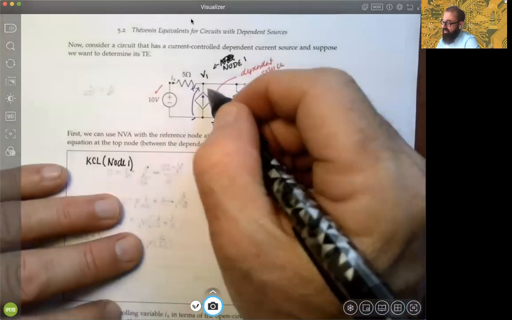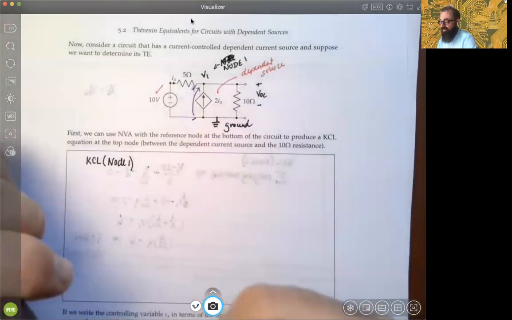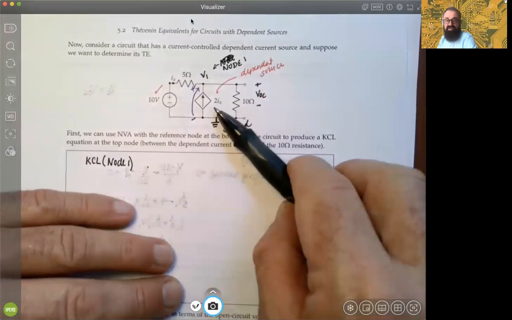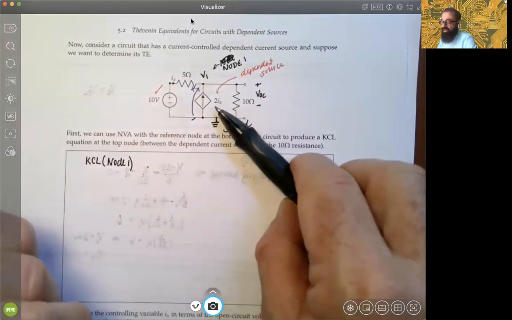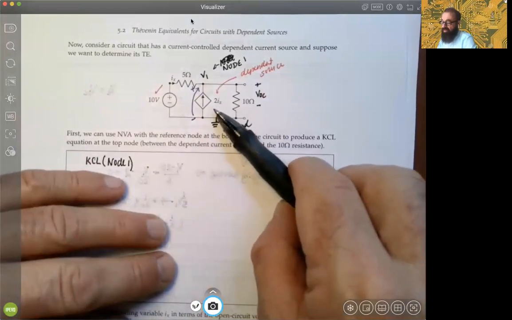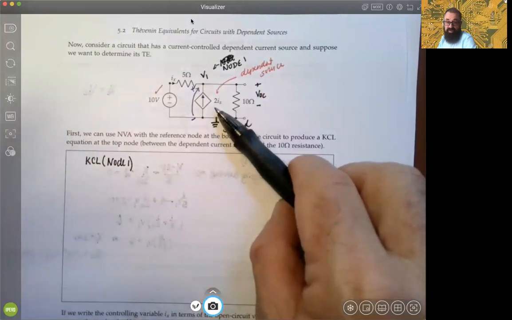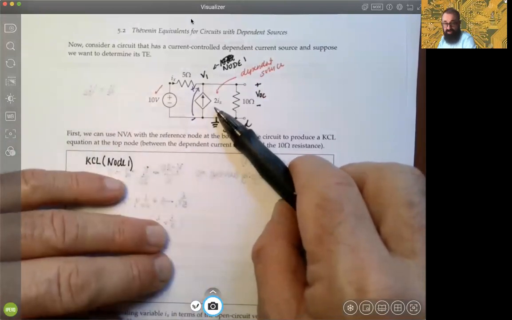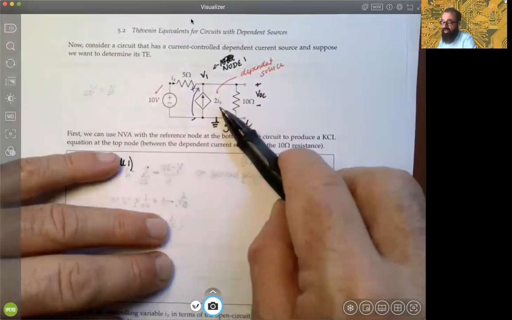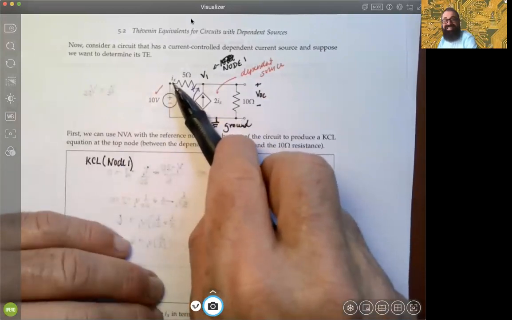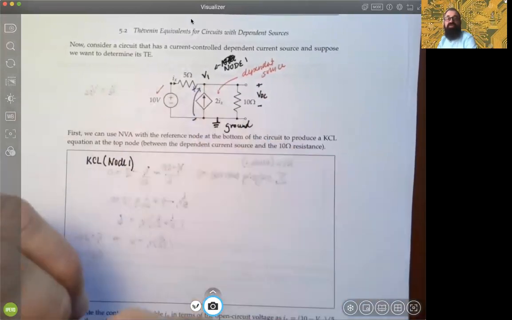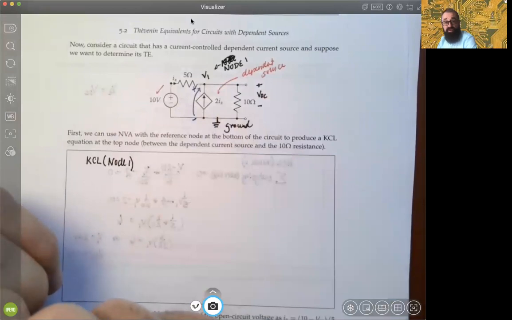So again, one thing that we've done here is, because this is a dependent current source, that gain parameter has no dimension because it's current controlled, right? So this is 2 times IX, where IX is the current flowing through the 5 ohm resistance towards this top node V1, right?